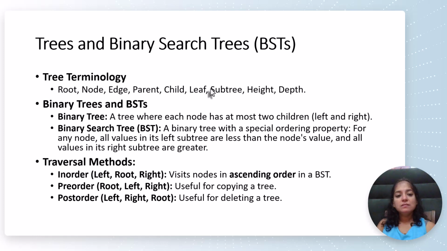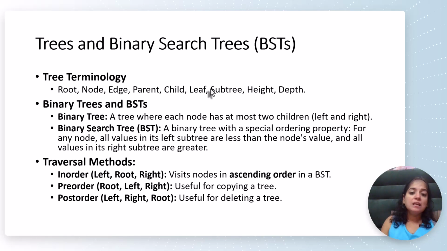Parent and child, the same relationship: a parent has a child. A leaf node is a node that does not have any child; otherwise, it is a non-leaf node. And if two nodes share the same parent, they are called siblings.